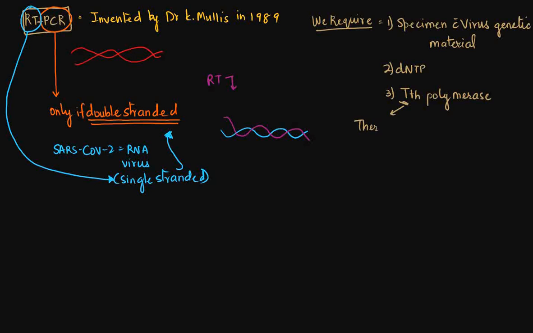This is the enzyme which uses the nucleotides and synthesizes the complementary strand of the segment of DNA that we want to amplify. It has both polymerase activity as well as reverse transcriptase activity, and it functions at the temperature that is required for the process of PCR.